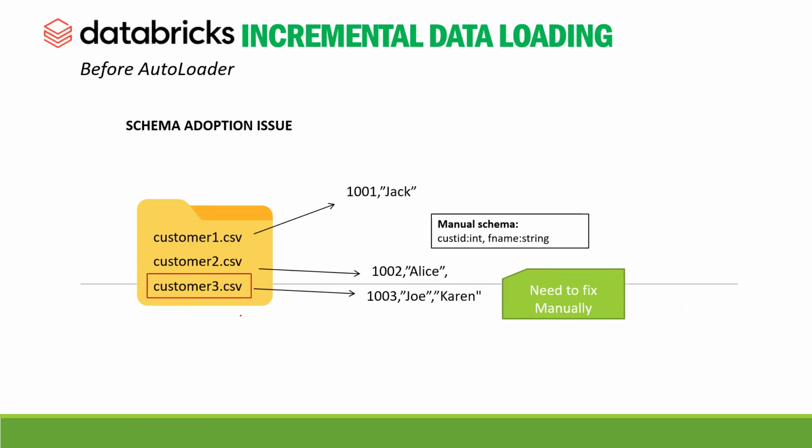But what if a newly arrived file, for example customer 3, comes with an additional column, the last name of the customer? Our Spark structured streaming solution, which is working here for incremental data loading, fails at handling this kind of schema change happening from the source, right?